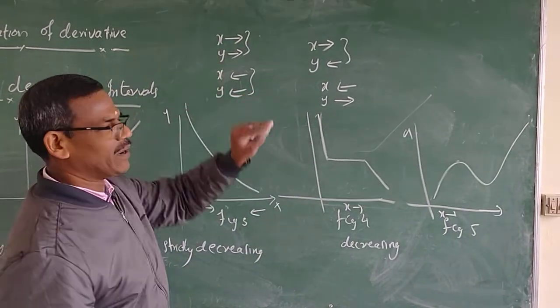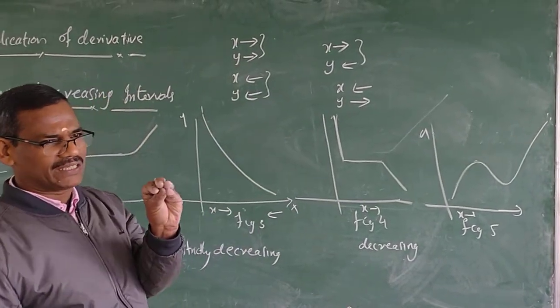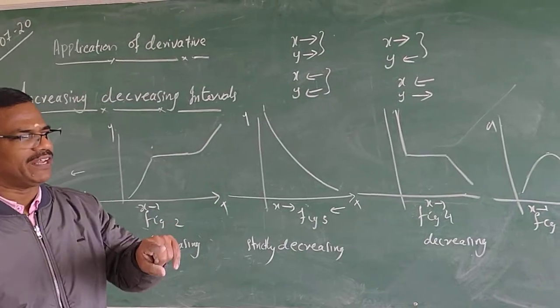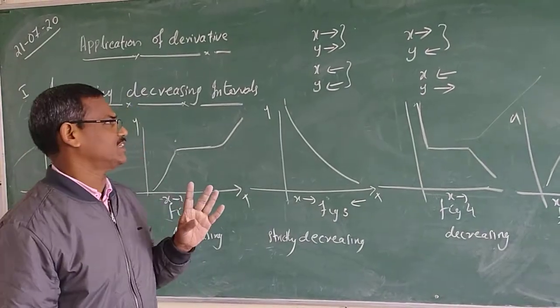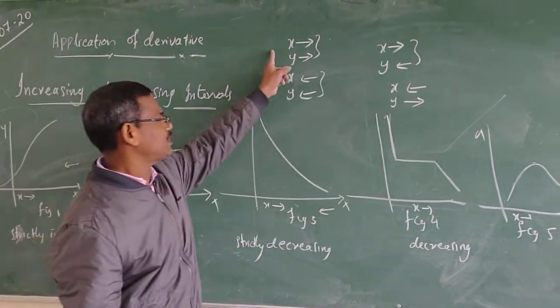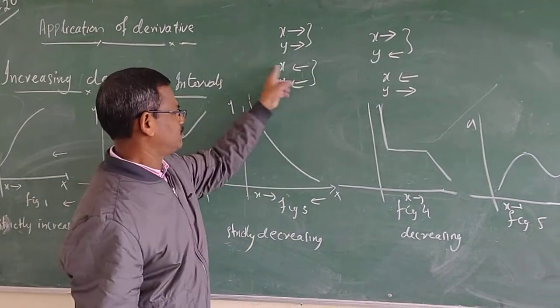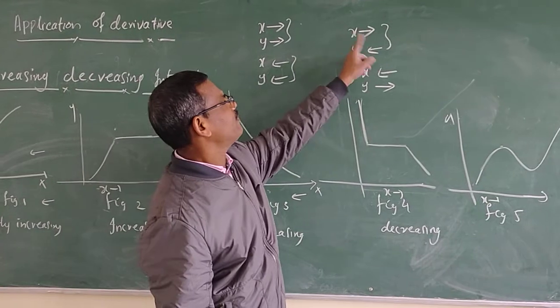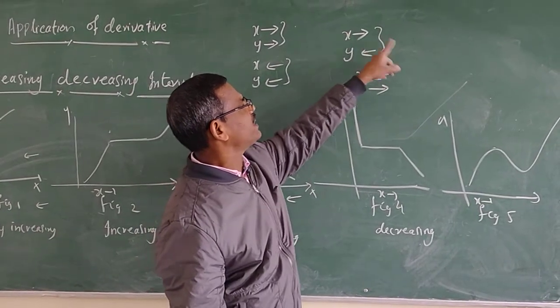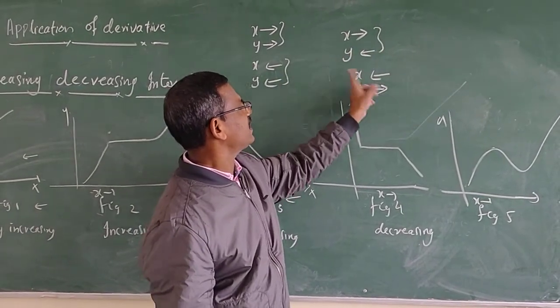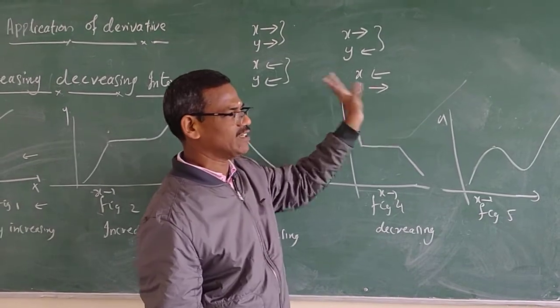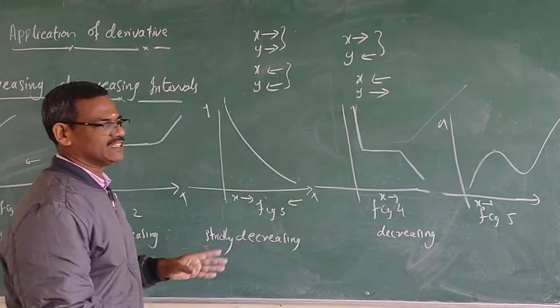So, in brief, you can remember it like that. If the movement of the variables is both in the same direction, they are increasing functions. If the movement of the variables is in the opposite direction, x increases, y decreases, x decreases, y increases, then it is a decreasing function.